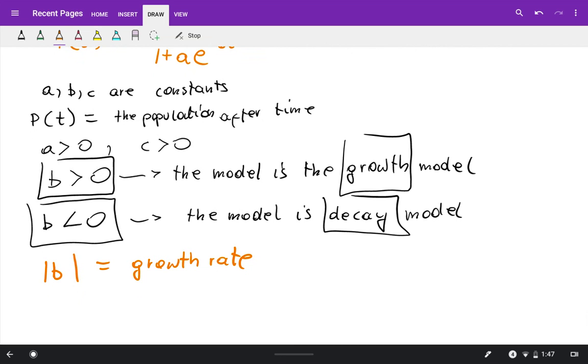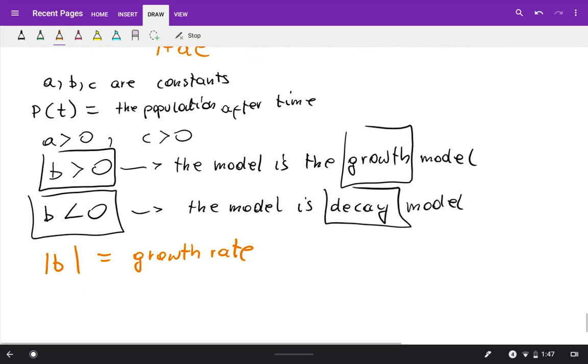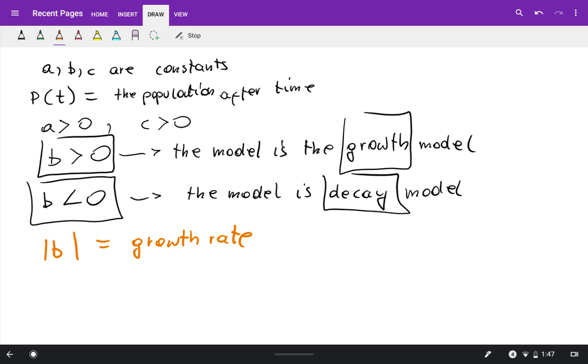What else do we need to know? We also need to know what letter C represents. It's also very important. Constant C is the carrying capacity. So this is the carrying capacity. When we're talking about population, almost all the time we have a carrying capacity.